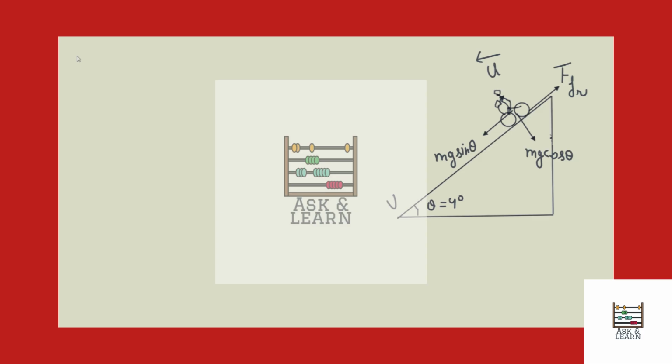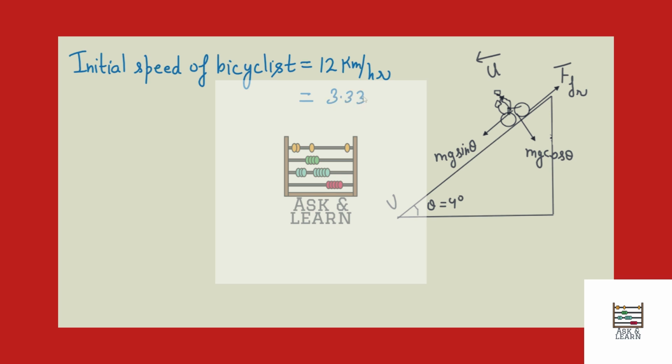Here, initial speed of bicyclist equals 12 kilometer per hour, which can be written as 3.33 meter per second.